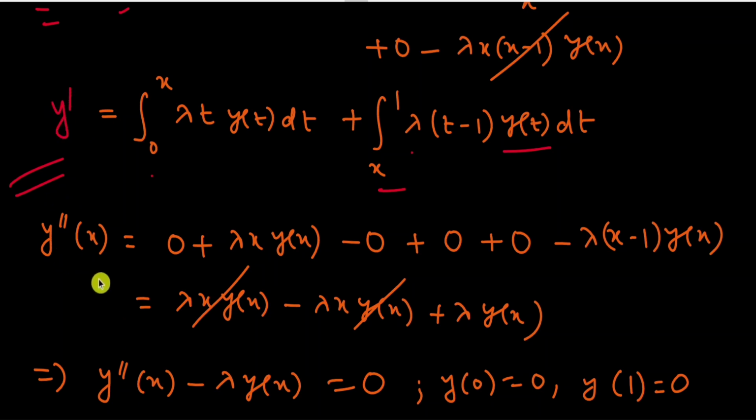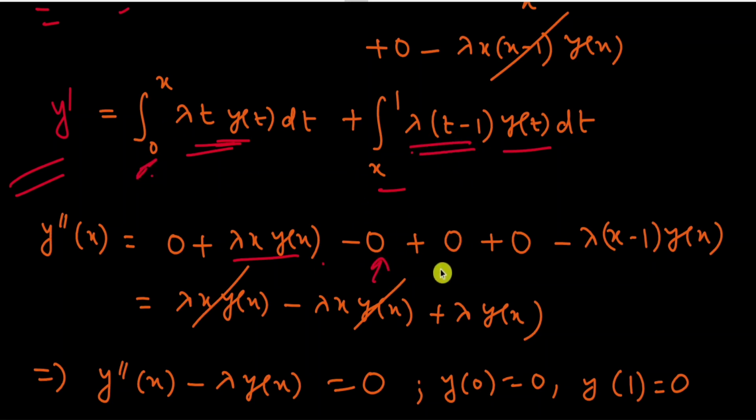We get y double dash x equal to 0, since there is no function of x, so del by del x of this gives 0, and this gives then lambda x into y x, since t is replaced by the upper limit and the differentiation of the upper limit, then the lower limit is constant, so this value is 0.